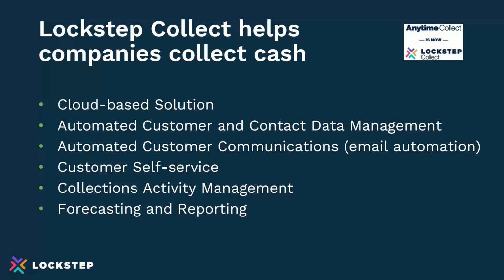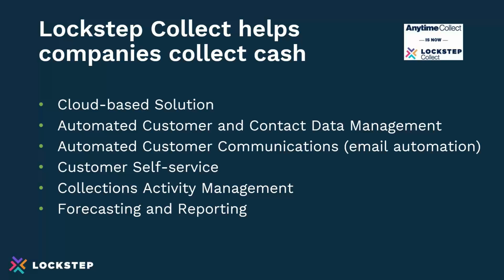So a little bit about Lockstep Collect. It is really designed to help you collect your cash faster. It's a cloud-based solution that integrates directly with your existing accounting solution. It automates customer and contact data management, which is a very important part of, do you have the right information about your customers? There's automated customer communications, including things like SMS and automated calls, but the most important part is really that email automation we'll talk about.